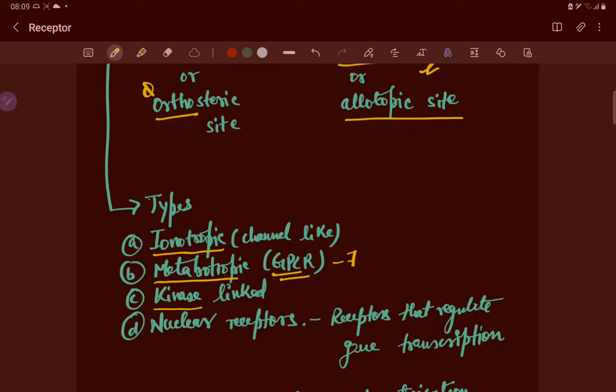Kinase is an enzyme which is responsible for the phosphorylation reaction. It adds a phosphate group to the compound. Then there are the nuclear receptors, the receptors that regulate gene transcription. So these are the four types of basic receptors. In detail, we'll go a bit later.